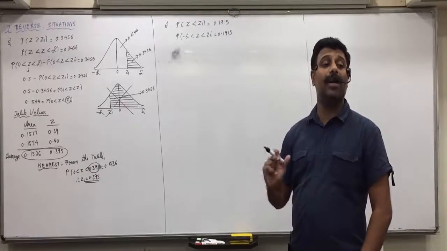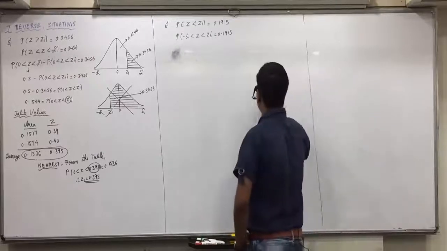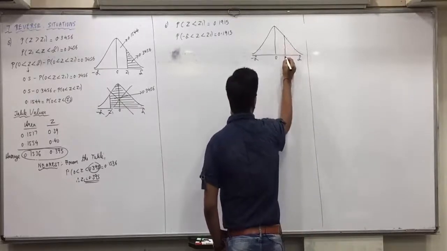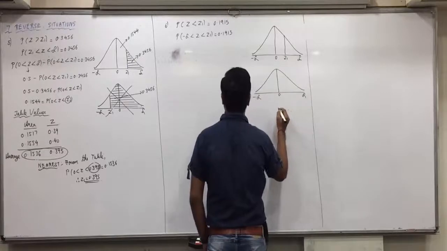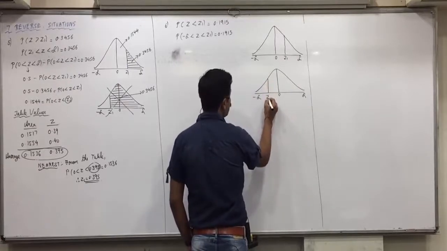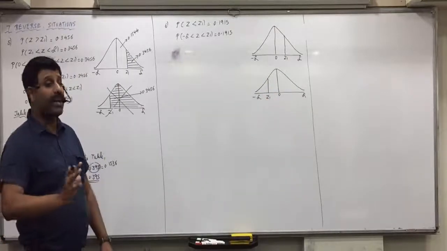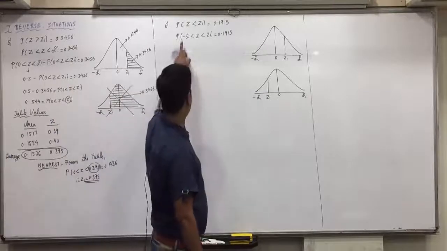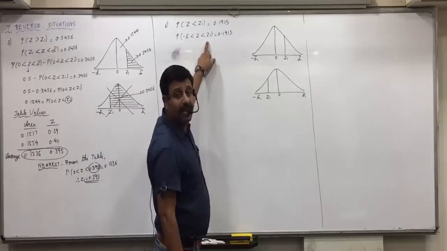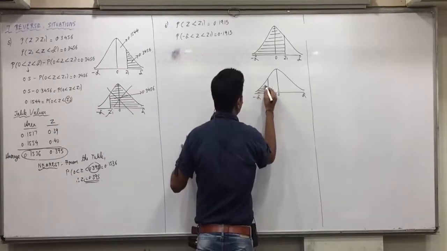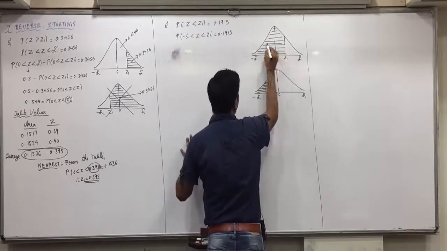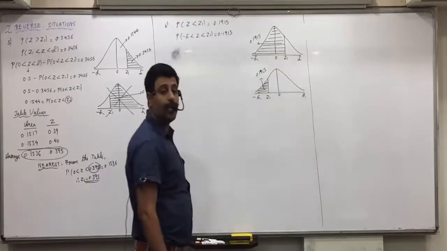One diagram or two diagrams? Two diagrams. In one diagram, we'll take Z1 on the right side, and in another diagram, we'll take Z1 on the left side. Now, in both the diagrams, we have to do shading between minus infinity and Z1. And this area is given as 0.1915. You all get this?